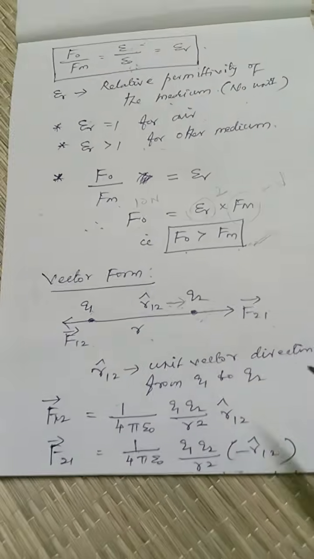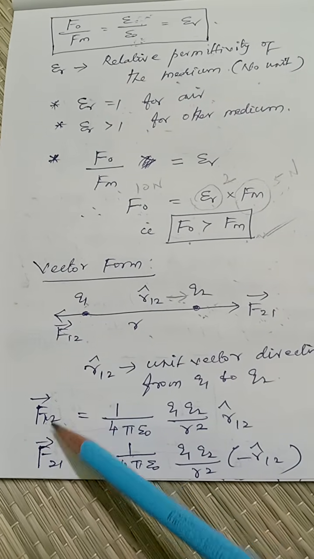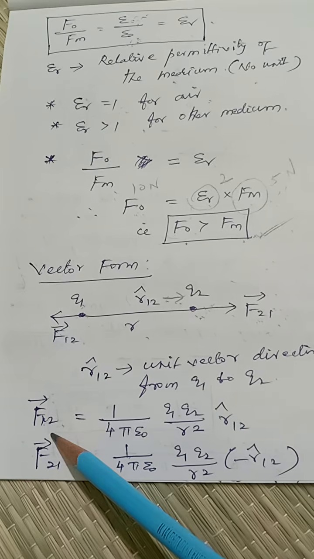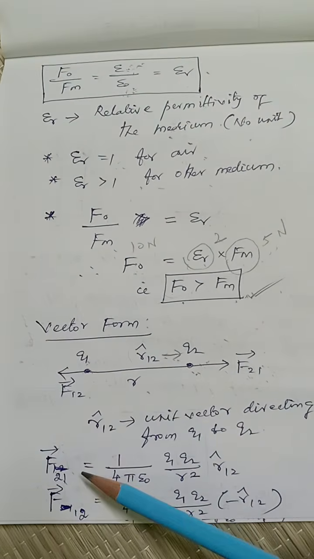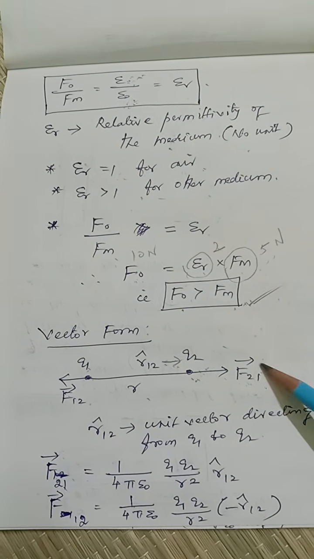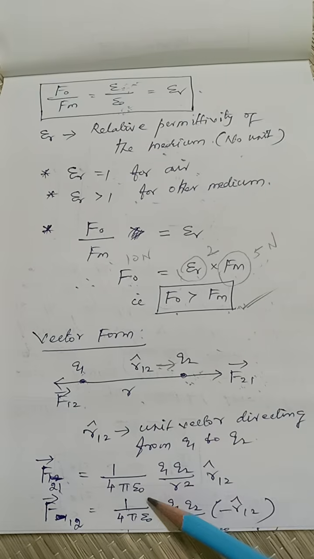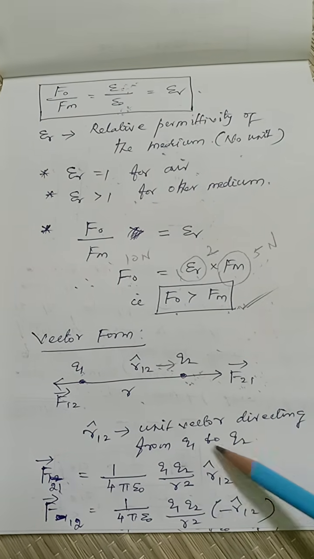So now let us write the vector form. Sorry, F12 vector means, see, there is a mistake here. I have corrected it. This is F21 vector. This vector is equal to 1 by 4 pi epsilon naught Q1 into Q2 by r squared, times the unit vector r12 cap.